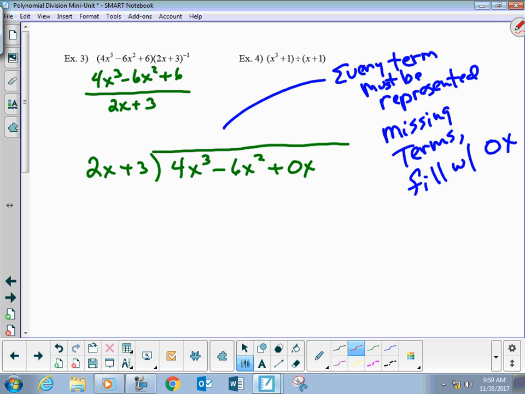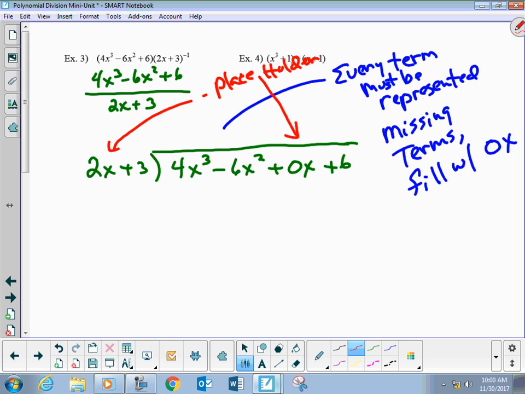This is what we call a placeholder. And then I have my constant term. So when you miss a term, you will fill it with a placeholder. Now, I filled this part with the placeholder, but you can also put placeholders over here if you need them.